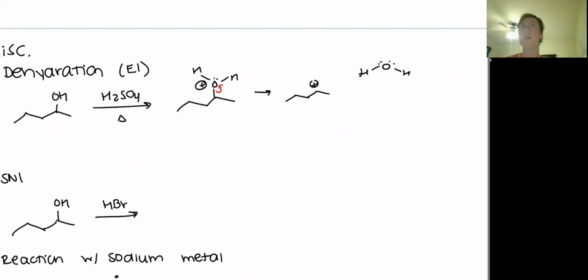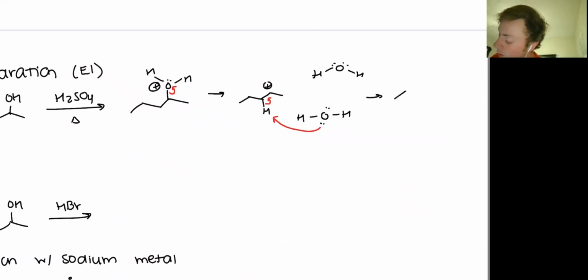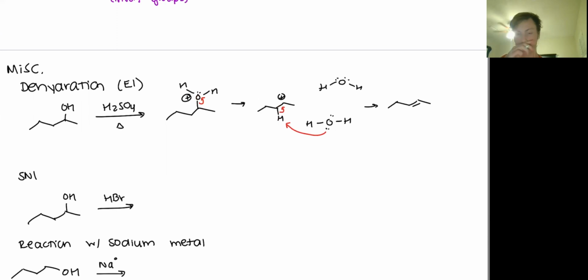Or positively charged species could be good leaving groups, depending. And then we will have an elimination. Well, we could probably use the same water molecule, but in order to get rid of that carbocation, we will take off a hydrogen and end at that product right there.